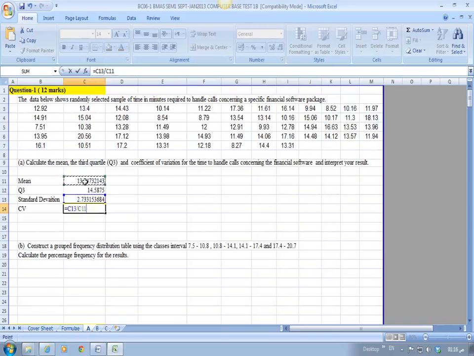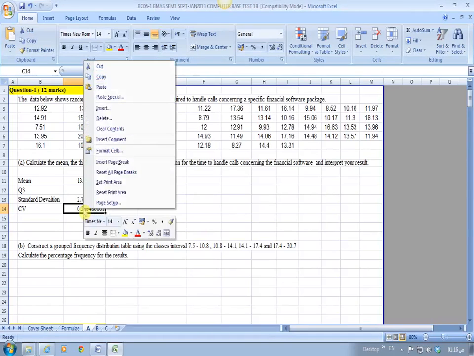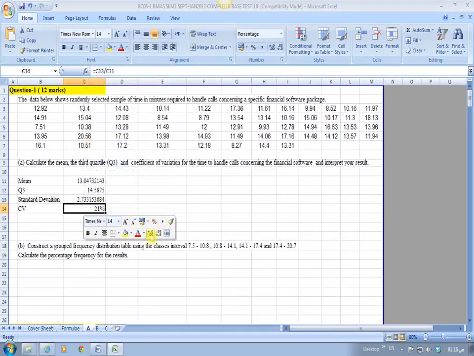Press enter, and then after that change it to percent, right click. In order to change it to percent, right click the value, and then it will show you this shortcut toolbar. Then here this is percent, you can increase the percent like 2 decimal places.